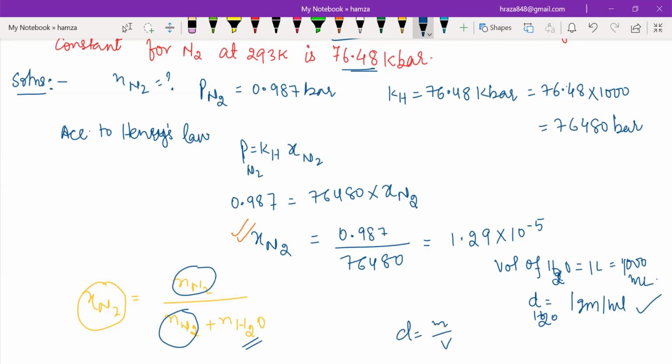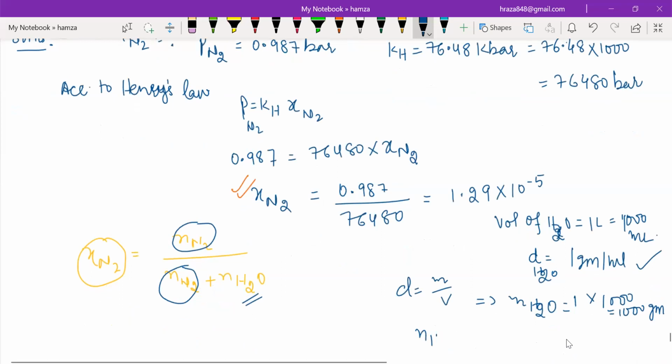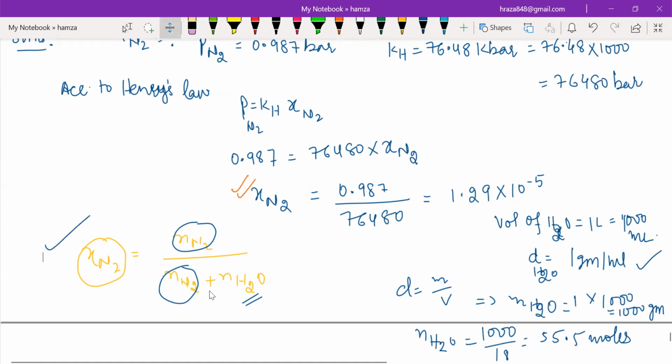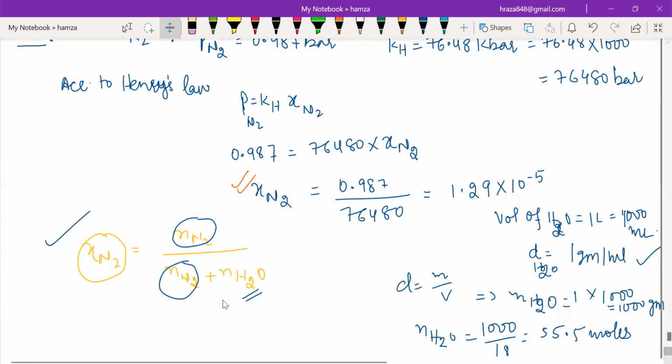Now from this, we are going to calculate it. It is given, so I'm just going to put the value 1.2 into 10 raised to the power minus 5. We need to calculate the number of moles of N2, and the moles of water we just calculated as 55.5 moles.